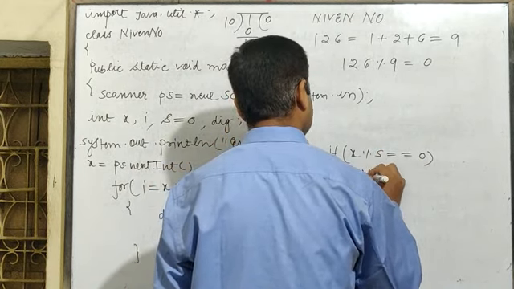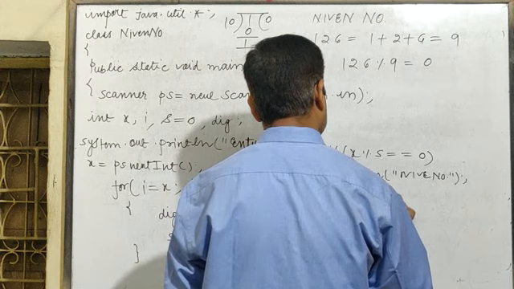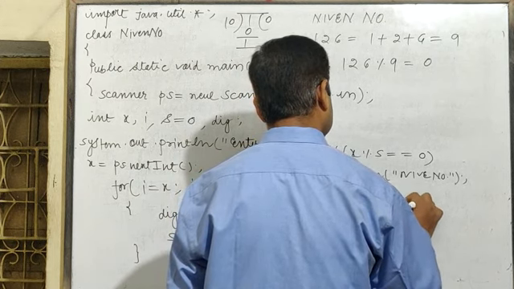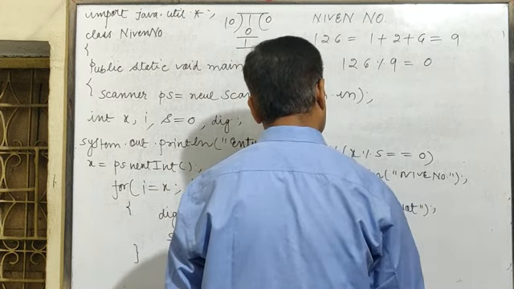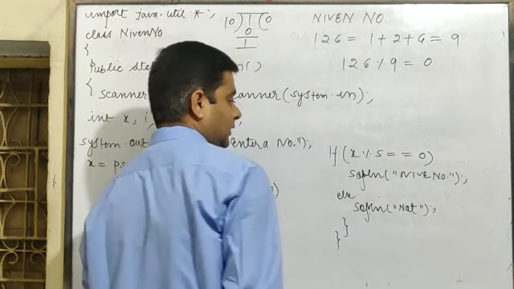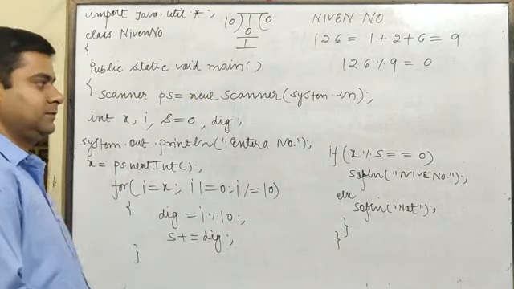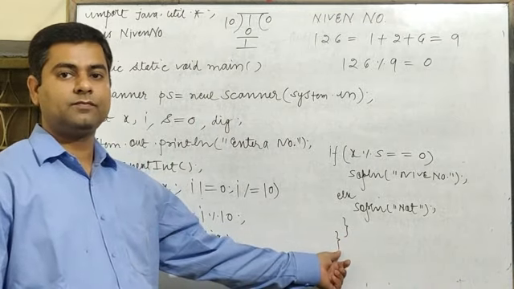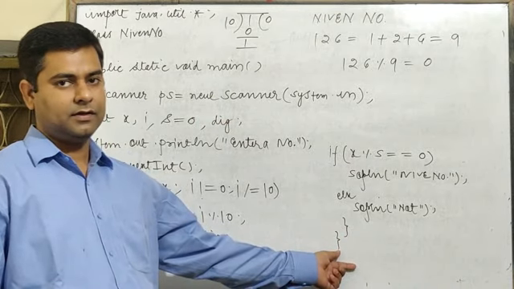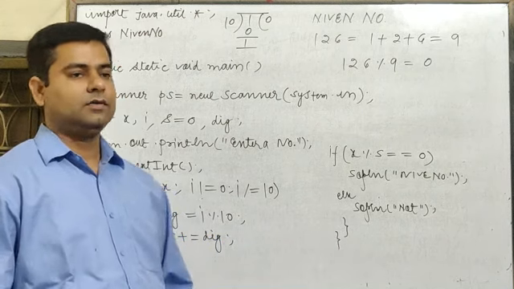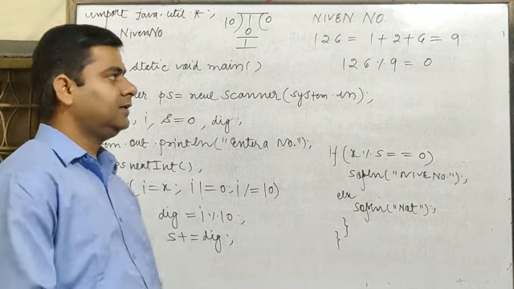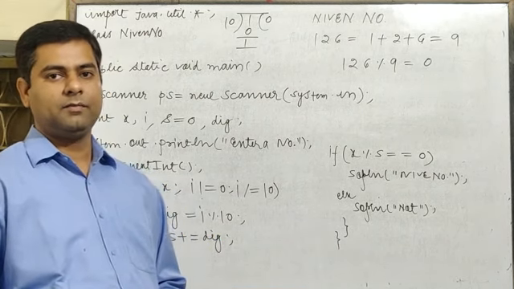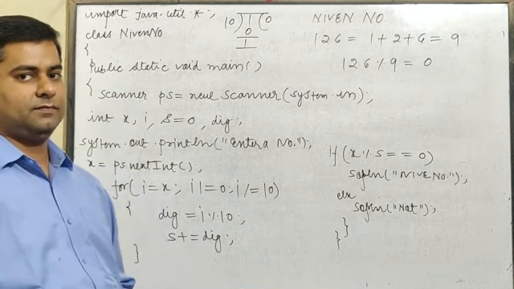Levin number, else not. Like this. Okay? This is the closing curly bracket of main, closing curly bracket of class. So here you can see this is the method to check a number to be Levin number or not.